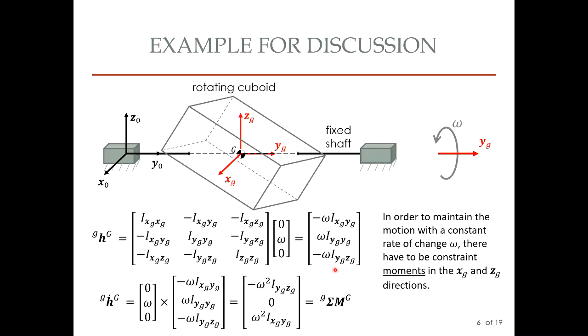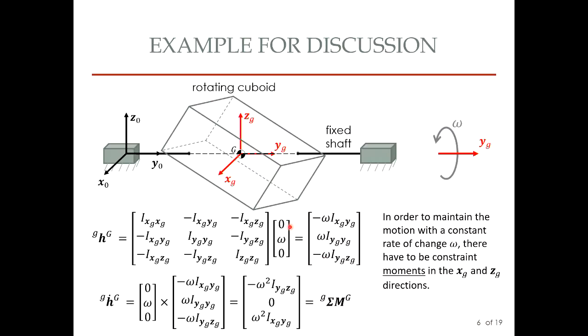So at any given moment, the angular velocity of the cuboid is still about this YG, but the angular momentum is not. This is due to the uneven distribution of the mass.